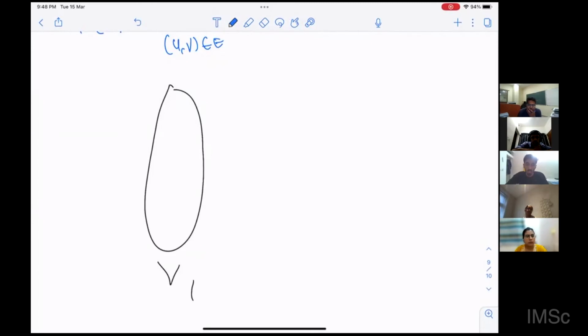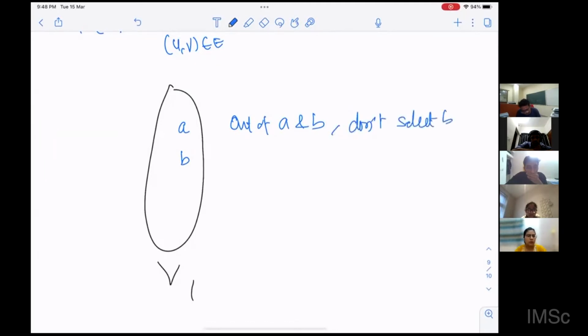Suppose I just want to say, out of A and B, don't select both. Then we will create clauses such that A and B complement, means negation of B.